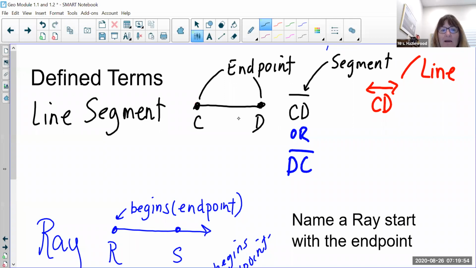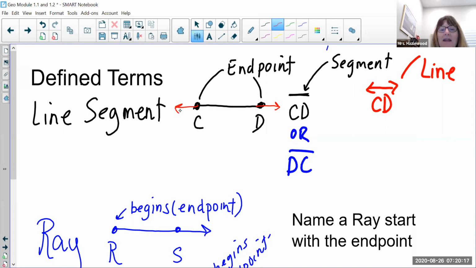And to name a segment, I use the segment bar. And again, I name it with 2 points, CD, or I can name it DC. Again, the order does not matter. So this is what a line looks like. If I added the arrowheads, now I'm making it a line.